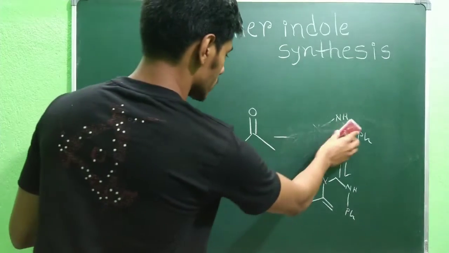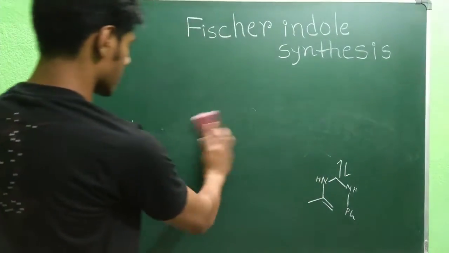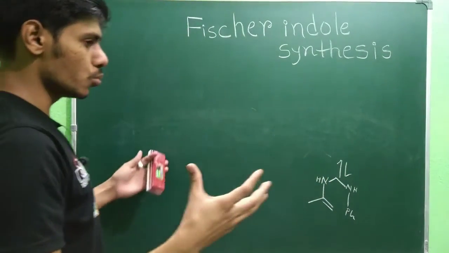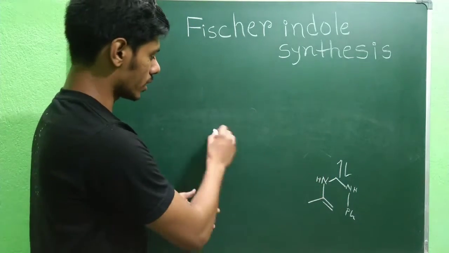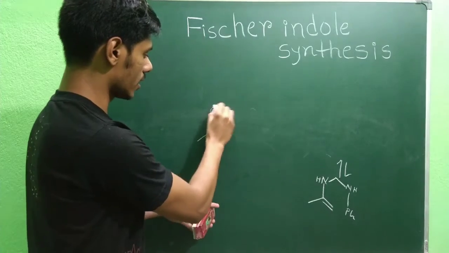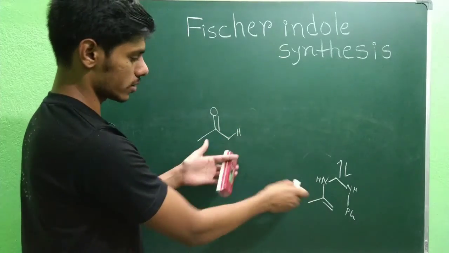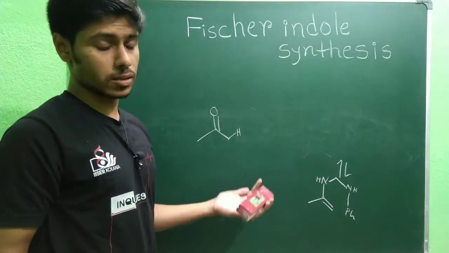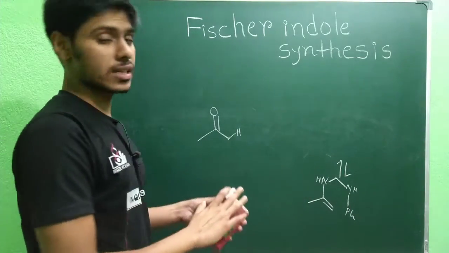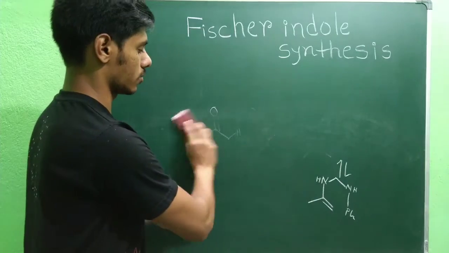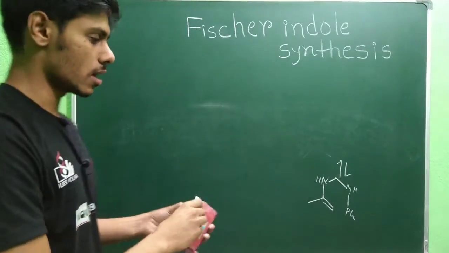Now from that you can also understand that to undergo a Fischer indole type reaction, your ketone substrate needs one alpha hydrogen, because otherwise this tautomerization cannot take place. So this alpha hydrogen is a necessity for this Fischer indole synthesis.